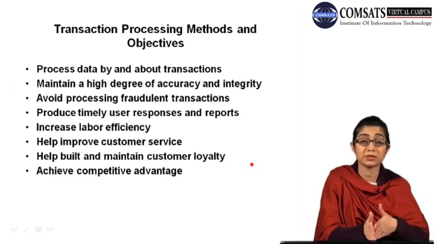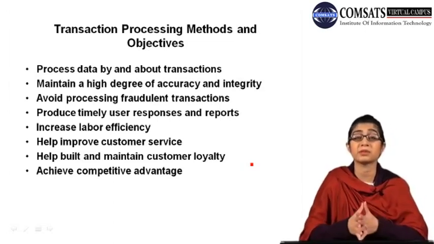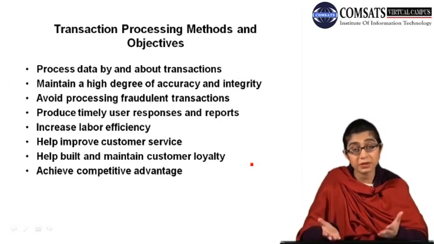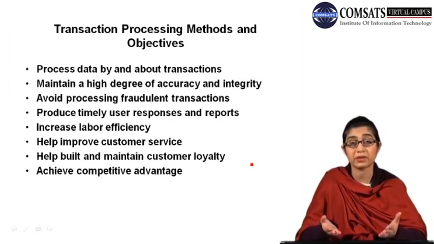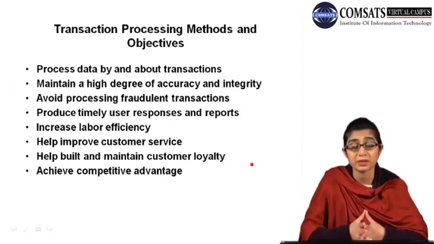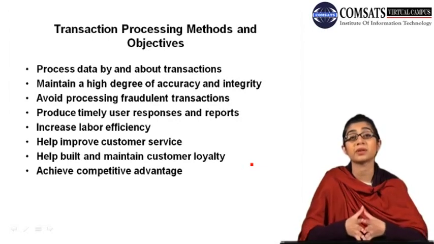So in the second chapter, when we studied, we looked at the different ways businesses can achieve competitive advantage: through customer intimacy, by creating new kinds of products and services, and by creating operational excellence.